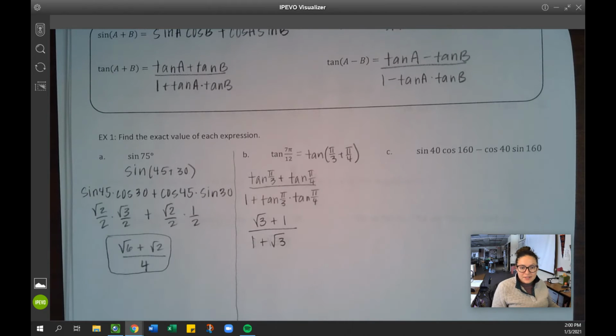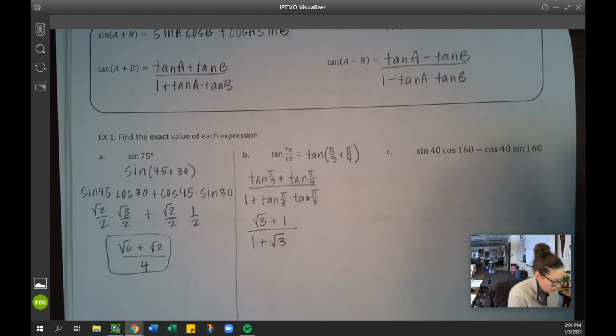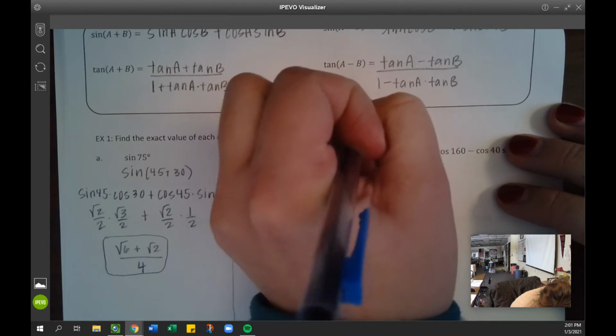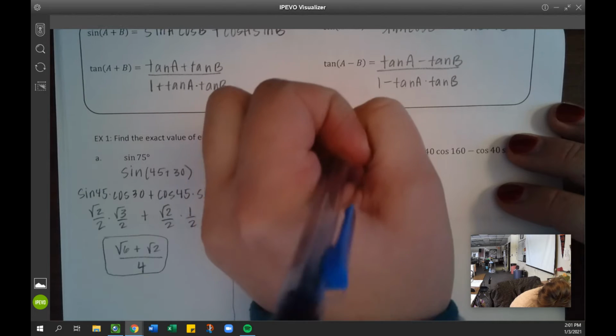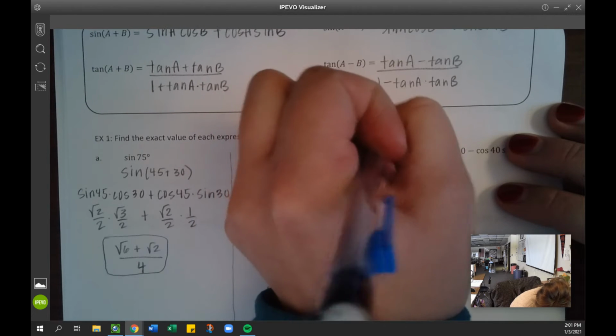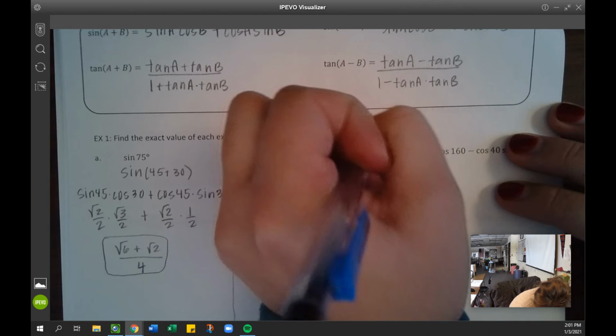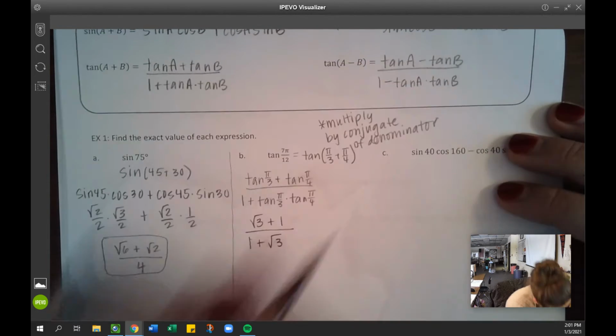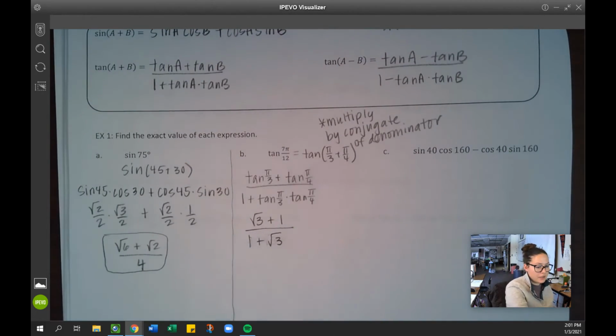Now, this is not quite simplified. We have to rationalize the denominator. And a way that you will see often to simplify expressions is to multiply by the conjugate. So we are going to multiply by the conjugate of the denominator.